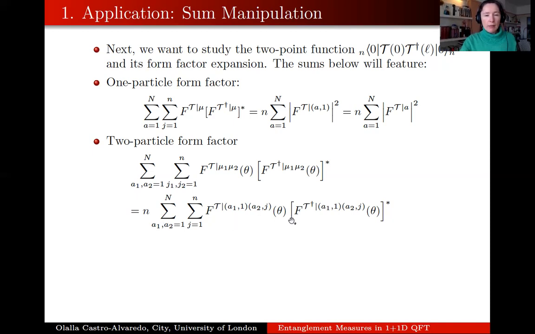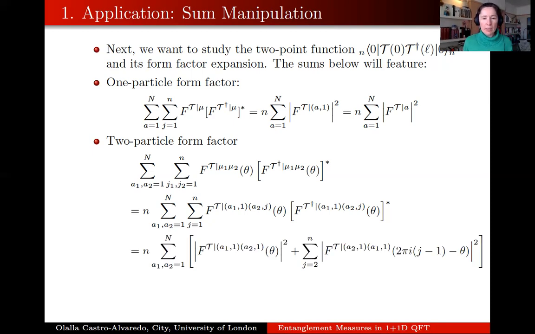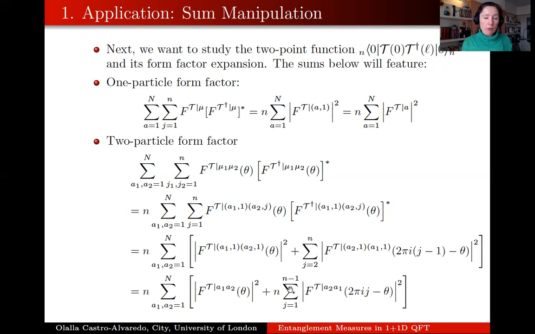Well, we saw earlier, I think 2 slides ago, that this kind of form factor can be related to a form factor in copy 1 by shifting the rapidities. And this is what I have done in this step. So I separated the term j = 1 from the rest, and they look like this. And then I can do something more, which is very trivial. I just shift j by 1, and I end up with this kind of sum here and this term in here. So we still have the sum over particle types.